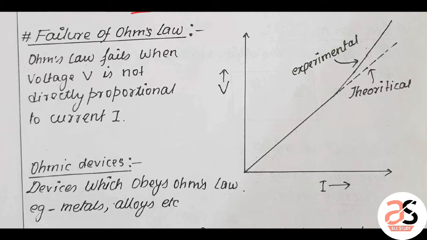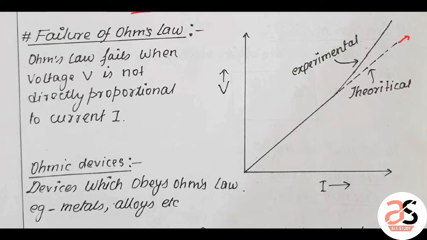Now we will discuss a little bit about failure of Ohm's law. Ohm's law fails when voltage V is not directly proportional to I. Suppose this is the theoretical value, V directly proportional to I, in this direction it will go straight, linear.